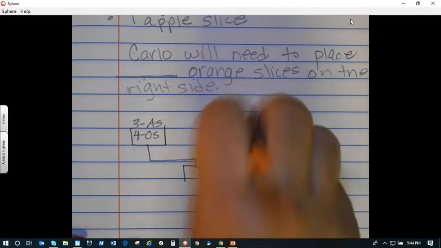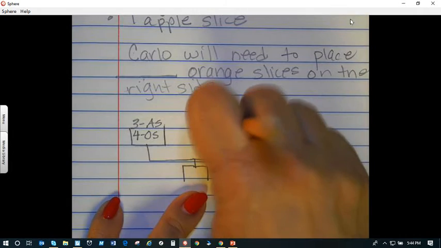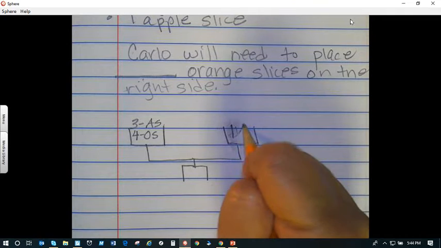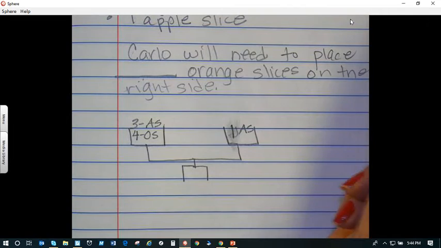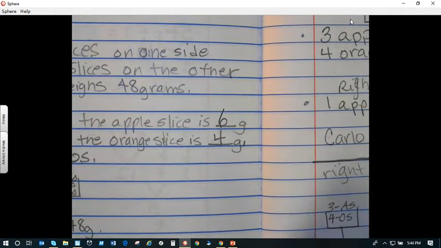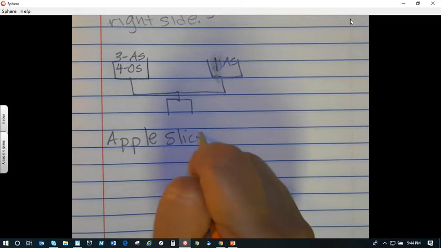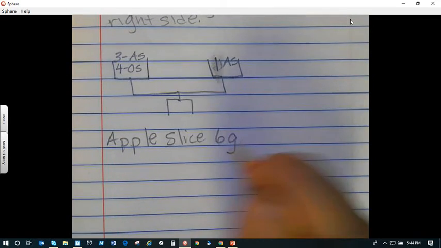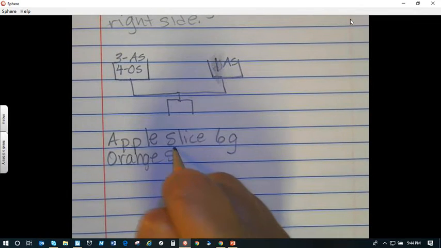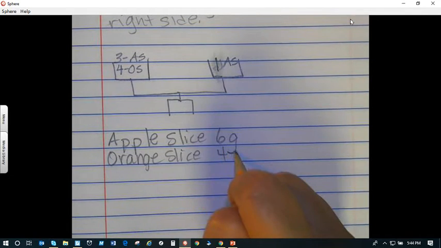And then this is, I'm just going to put, let me just write 1 apple slice. But they're not balanced, because what did we say that the weight of the apple slice is? 6 grams. So I'm going to put apple slice over here is 6 grams. And then I know that the orange slice is 4 grams.